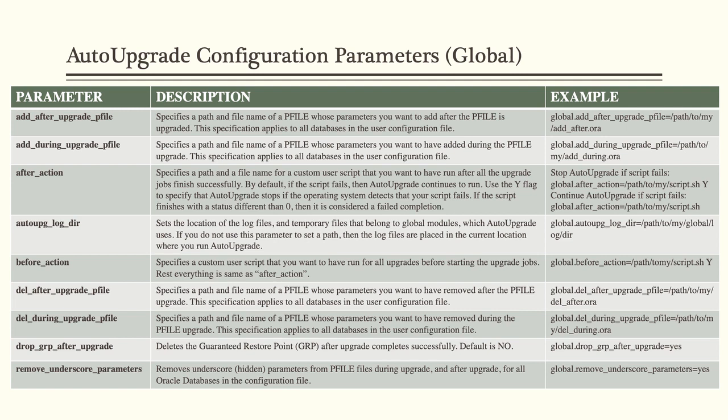Now this is very interesting. After action mentions a shell script, what needs to be done after the entire upgrade process is done, and that's what I'm going to show you in my demo as well. When I do the demo for the first time, I will show you how certain things after upgrade require manual fixes to be deployed.